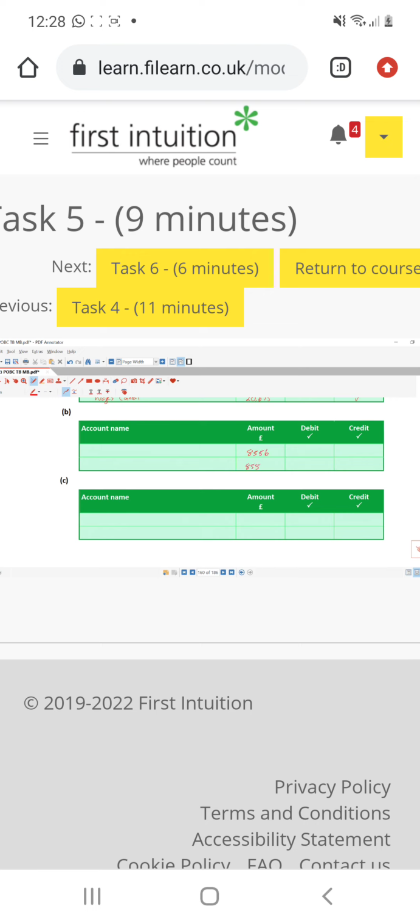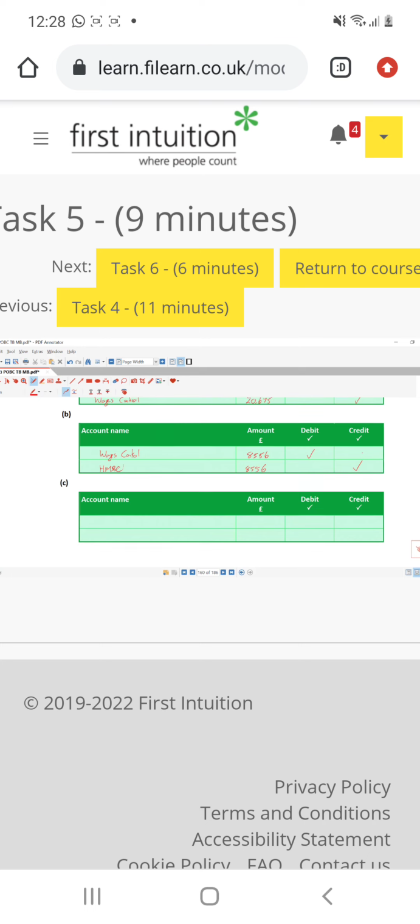And this one we will debit to the wages control, because we want to show the liability, the amount of money that we are due to pass on to HMRC, which is a liability. So that liability will be a credit. So great, excellent. Our first two are done.